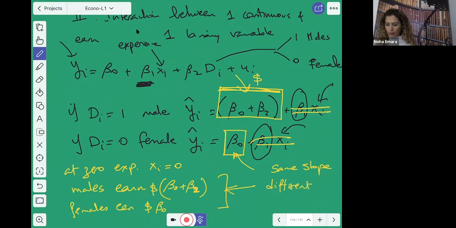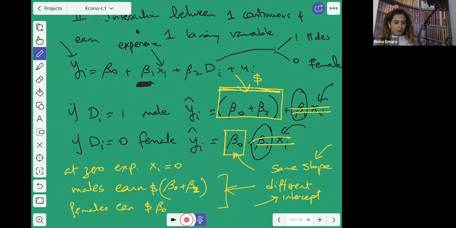Despite the fact that the effect of experience is the same for both genders, at 0 experience they earn different amounts. And this is because I'm setting up this model such that the coefficient attached to the continuous variable is the same, which is beta 1 for both genders, but I do have a dummy which is added to the intercept, creating a new intercept.